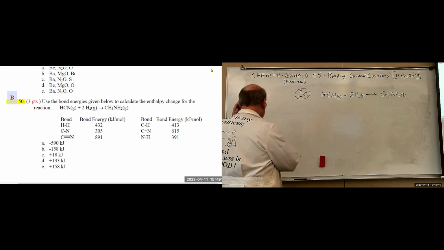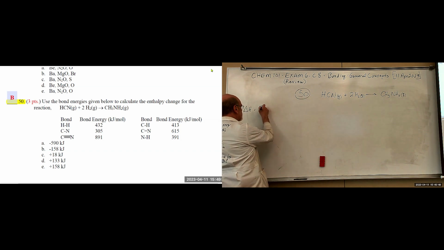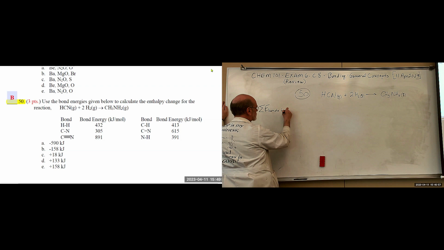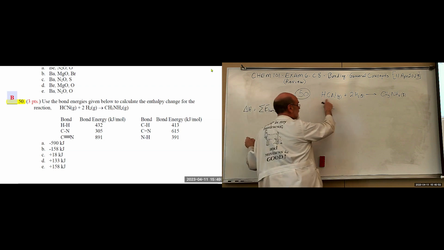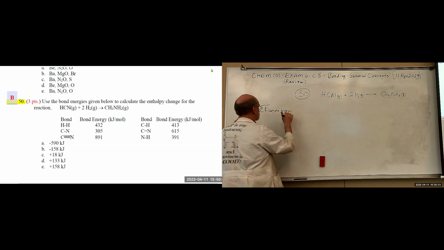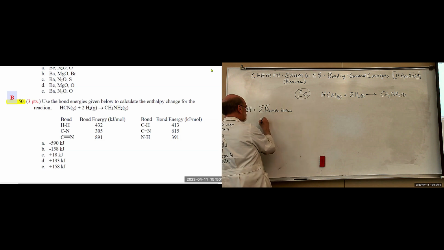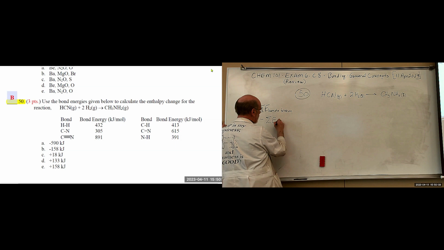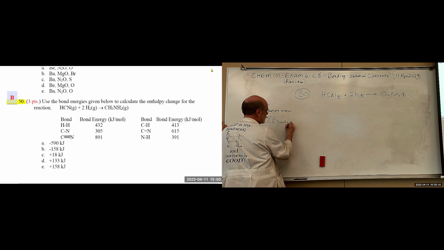Right. So what we want to know is the sum of the energies for the bonds broken, that would be this side, minus the sum of the energy of the bonds formed.